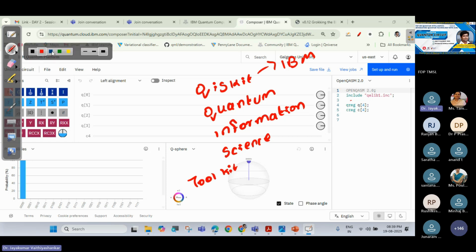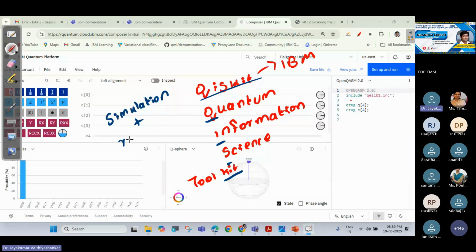This is the acronym for Qiskit. This is the framework where you can do quantum simulation plus real quantum execution. You can do any quantum experiment in two ways, either by simulation or by real quantum execution.